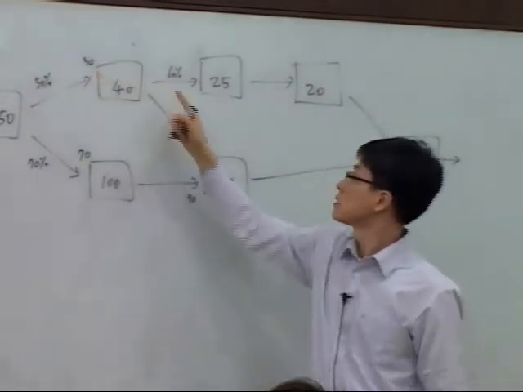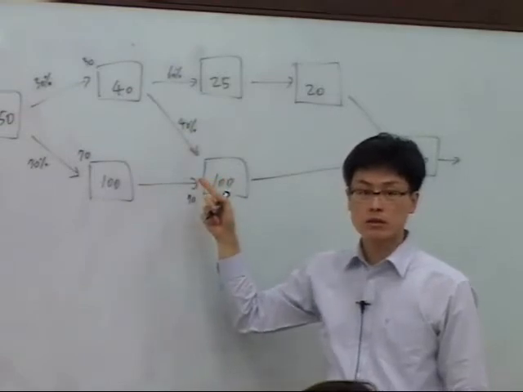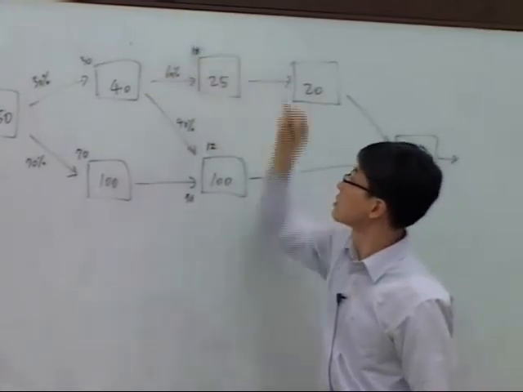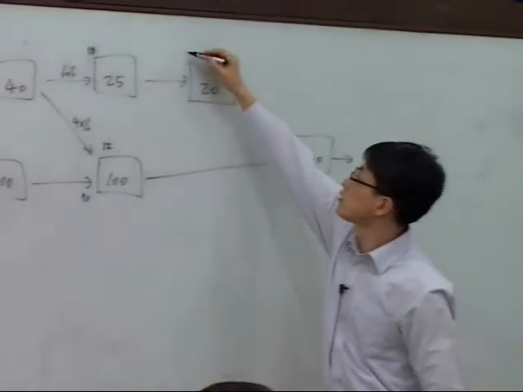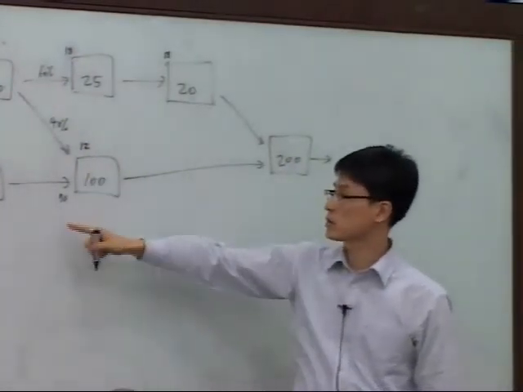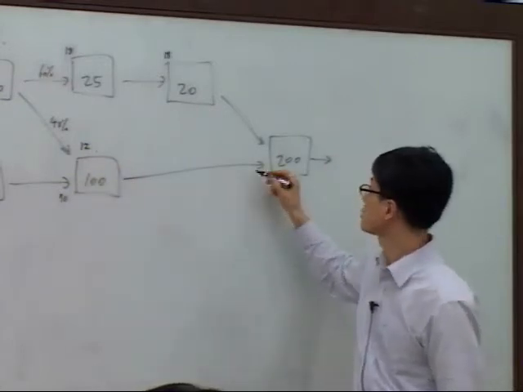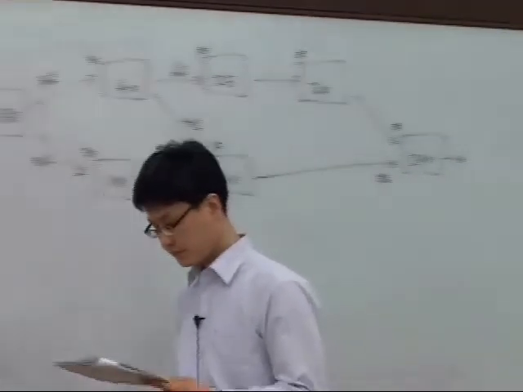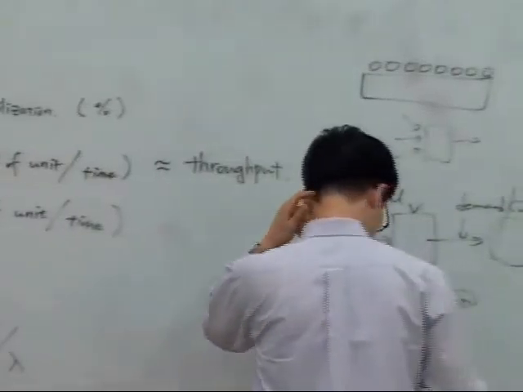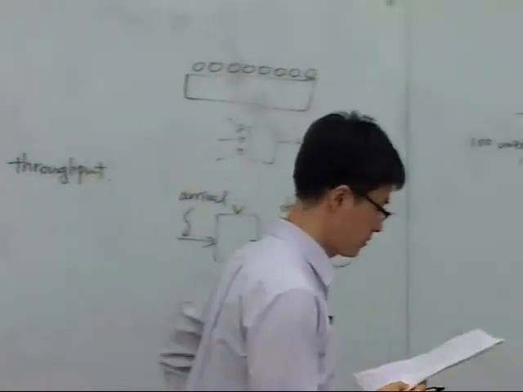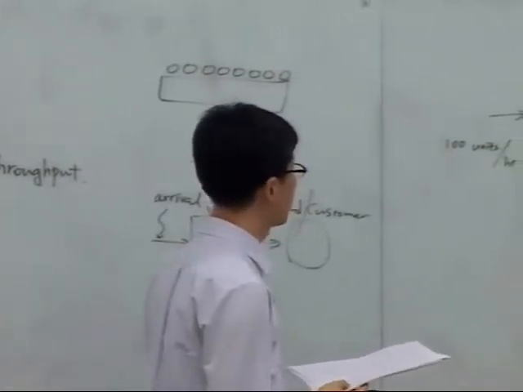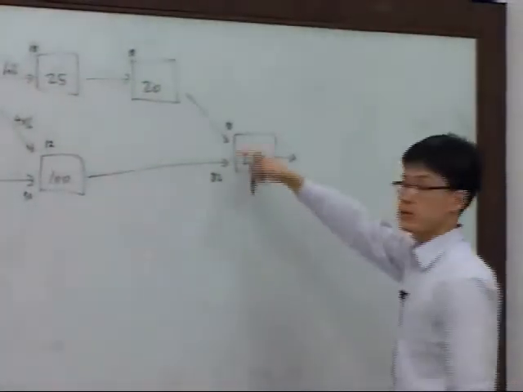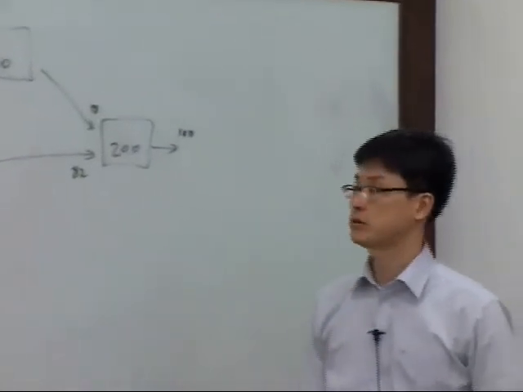Out of 30, 40% come here, and the number is 12, I guess. 18, right? And 18 comes also here, and if you sum up these two numbers, 82. And if you sum this up, 100 will come out.